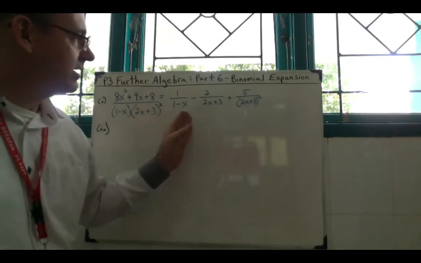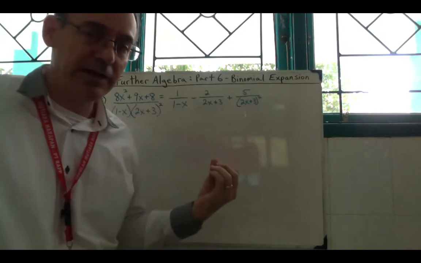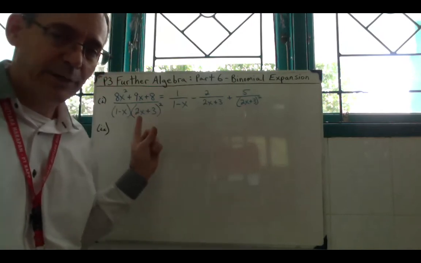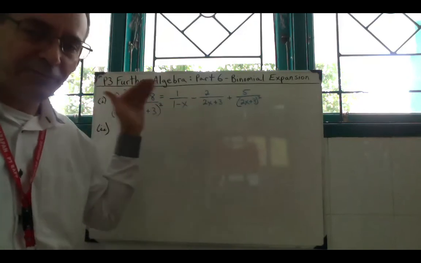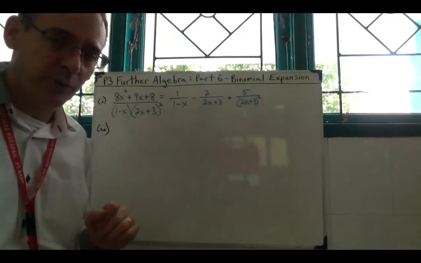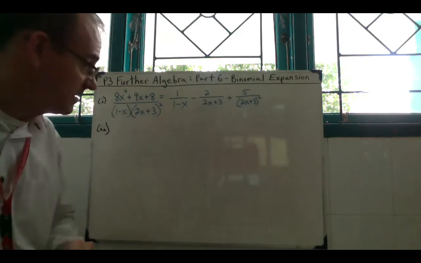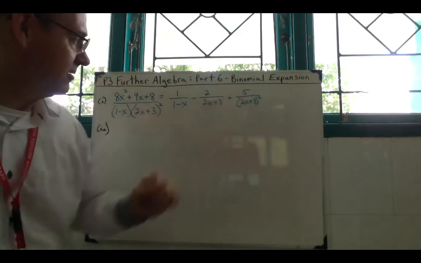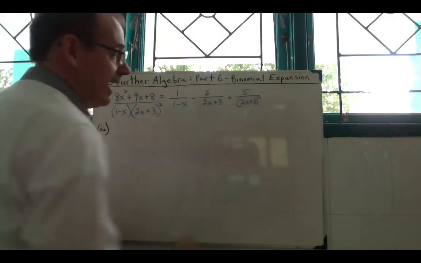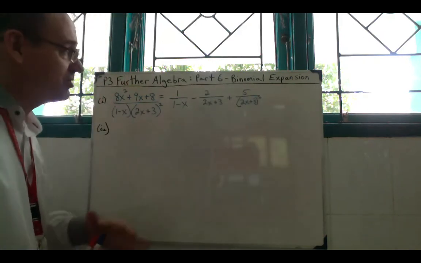I've also written the answer that we already got from that partial fraction. So instead of doing that over again, you can refer back to the part 4 video on partial fractions with simple and repeated denominators.